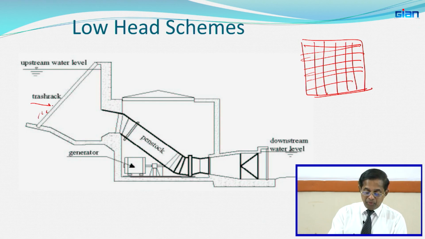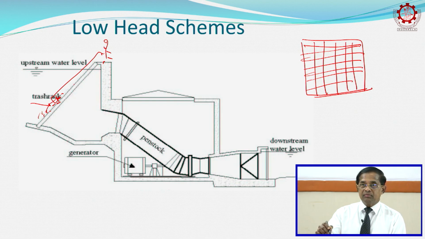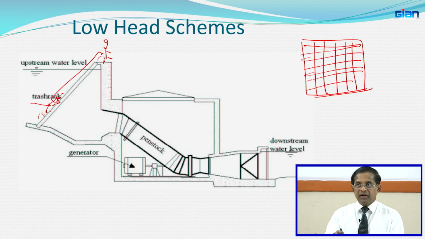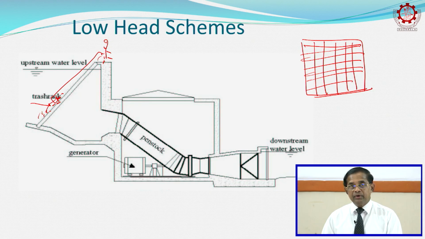So things will accumulate here. In Europe, it's expensive for them to have people here. Normally a man will stand here with a long stick or something, and he will drag them out and remove it. In Sri Lanka, there are many people employed this way at the trash rack, in the forebay tank, where they continuously clean whatever falling leaves and other objects.